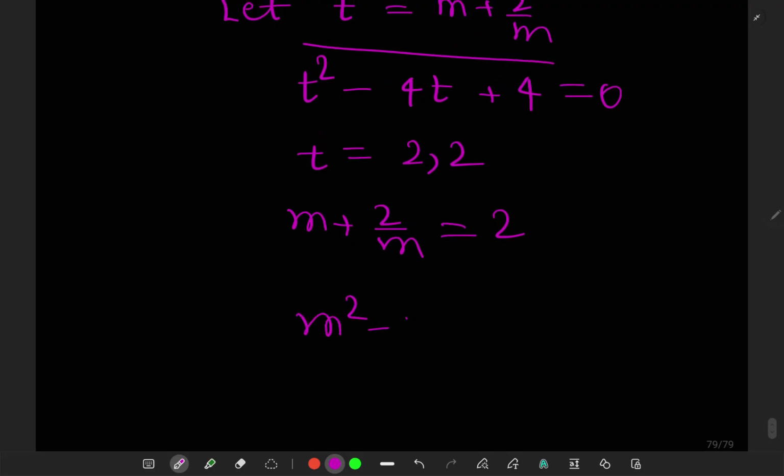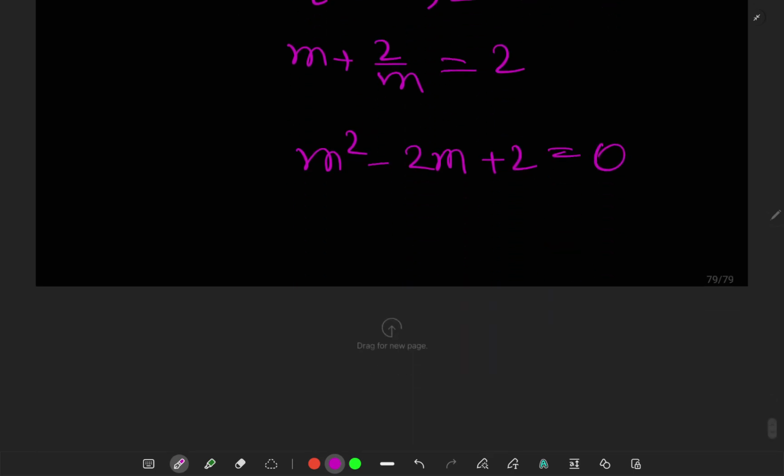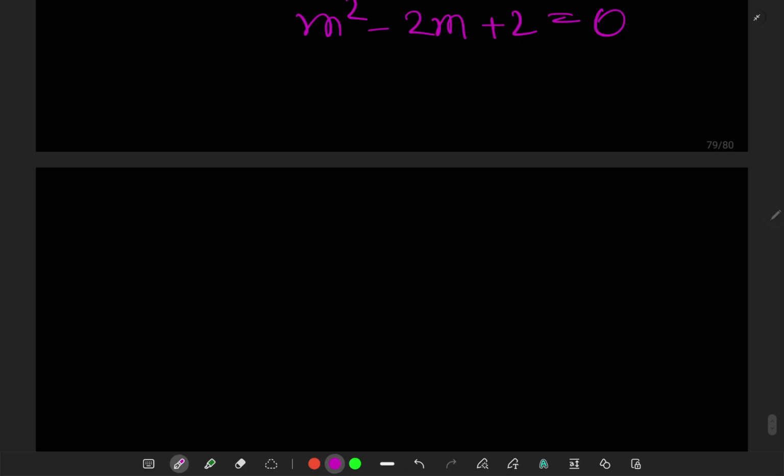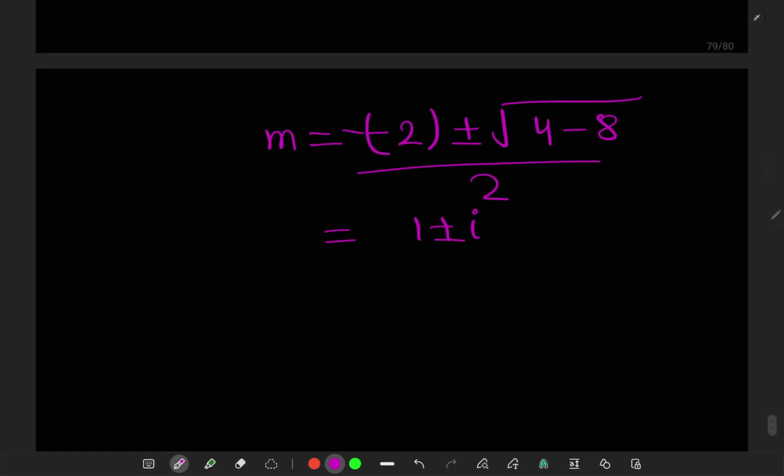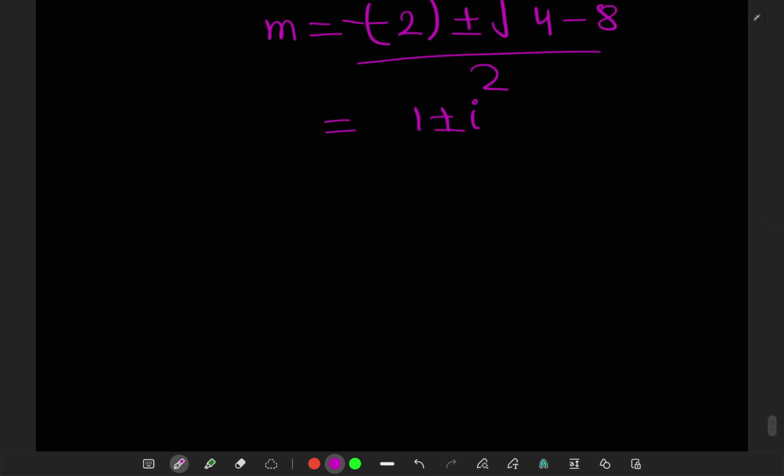Now getting the value of m is equal to. An imaginary term comes, so we use case third for the solution.